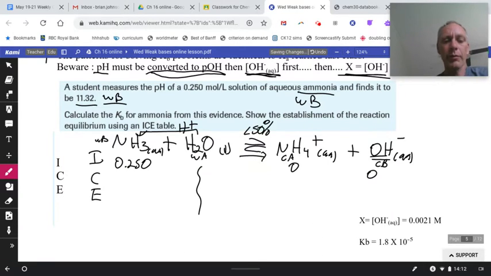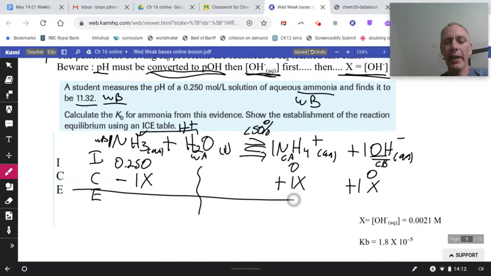A small amount, which means we're going to lose 1x of ammonia. These are all 1-to-1 ratio, just like the weak acids, so we gain 1x, gain 1x. When we add the top two rows together at equilibrium, we will have 0.250 minus x, 1x, 1x.